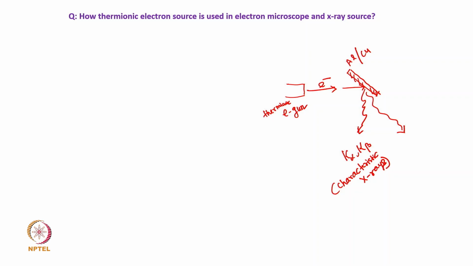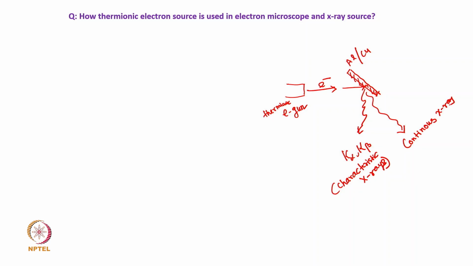And also there is a continuum radiation of X-rays. This happens because when an electron goes inside the material where it is bombarded, it also gets decelerated as it passes through that material. Because of the deceleration process, continuum X-ray photons are produced. That process is known as Bremsstrahlung, and this is continuous X-ray.